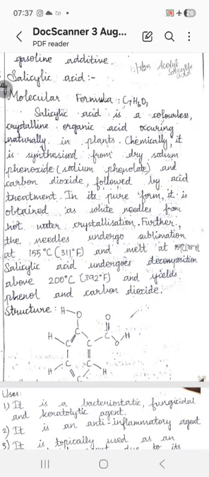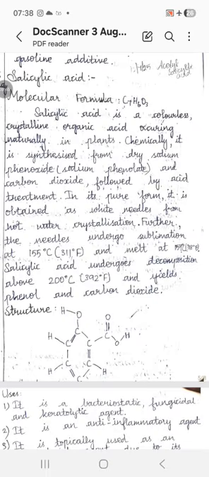In its pure form, it is obtained as white needles from hot water crystallization.